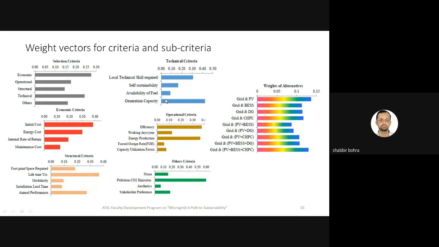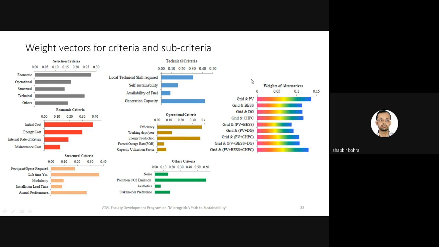It should not be that it does not have enough or sufficient generation capacity. So the generation capacity is very important. Then also we have considered the availability of the fuel. It should not be that you have a very good system, you have a very good generator, but in that particular region you don't have easy access, easy availability of the fuel, which is very much compatible for that particular system. So these are some of the aspects that are to be looked into.